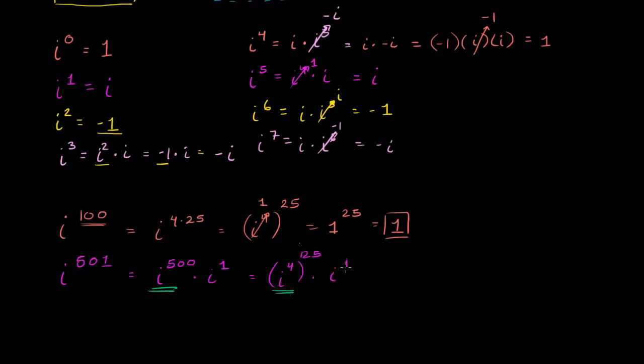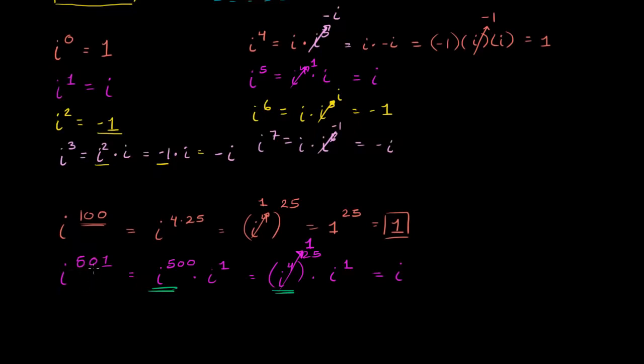Well, i to the 4th is 1, and 1 to the 125th power is just going to be 1. This whole thing is 1, and so we are just left with i to the 1st. So this is going to be equal to i. So it seems like a really daunting problem, something that you would have to sit and do all day. But you can use this cycling to realize that i to the 500th is just going to be 1, and so it's just going to be i times that.